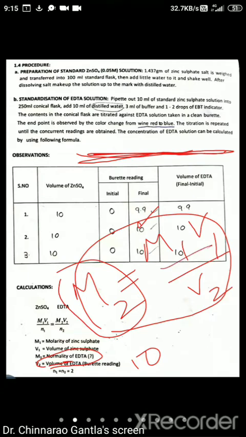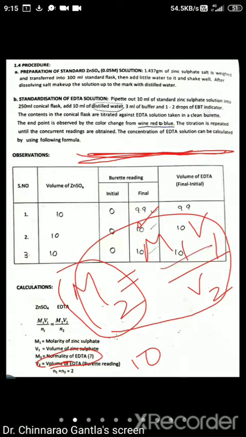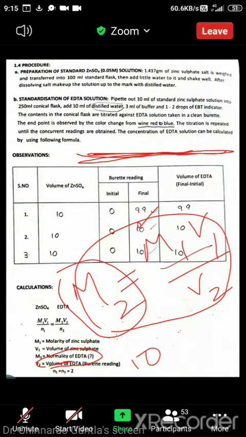Next. Okay, how to do standardization of EDTA solution, please? Anybody? Ram Charan, please.